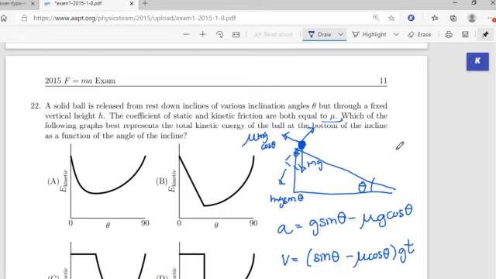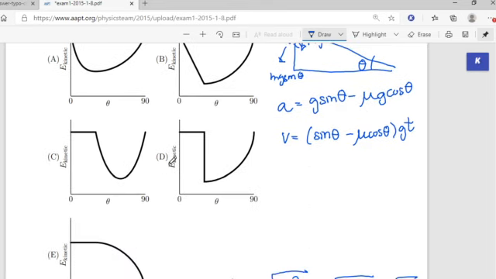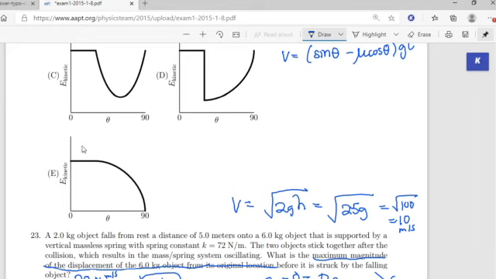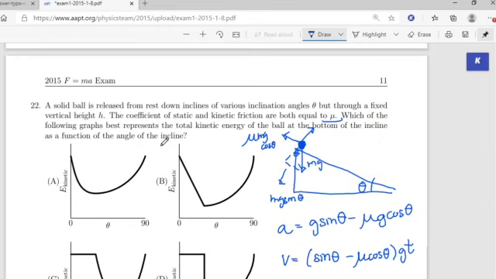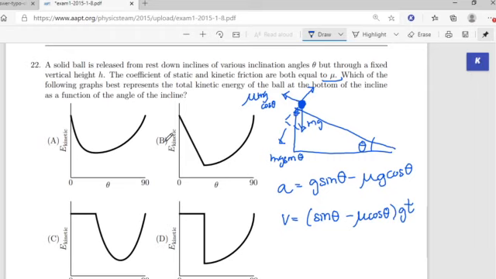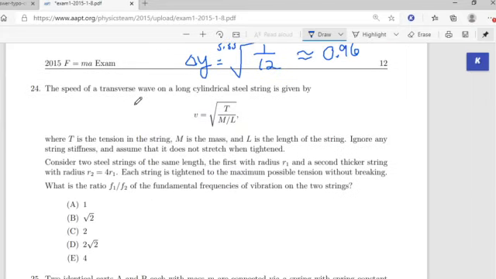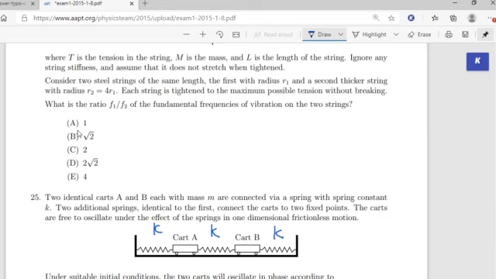So yeah, I think I'm gonna go with... Well, it's definitely not E because it can't be 0 at 90, and well D looks... I'm gonna go with either A or B. Okay, I'm leaning towards A.